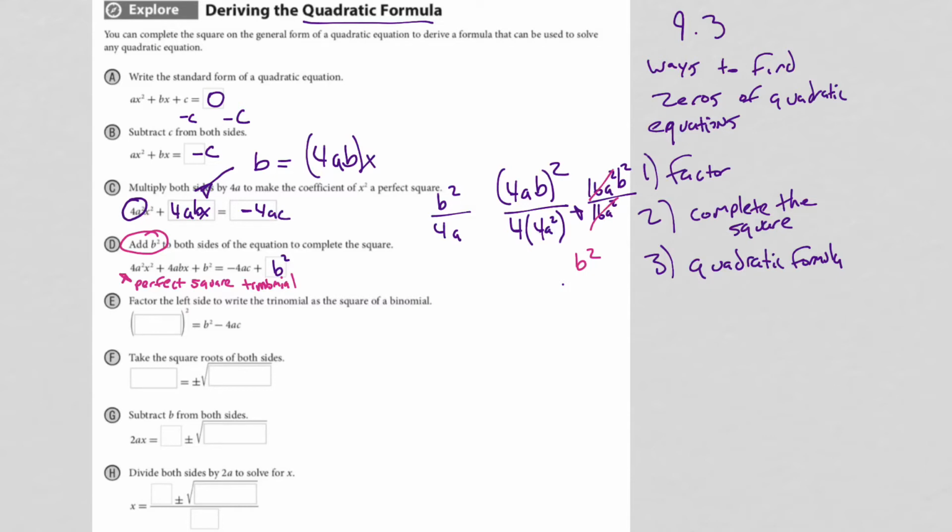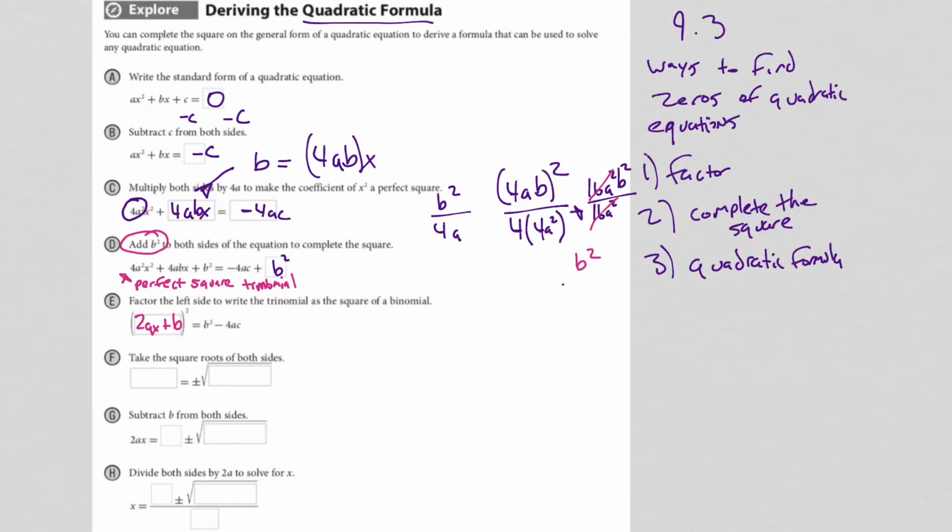And it's going to factor, right? So what's the square root of 4a squared? It's going to factor into 2ax, and then the square root of b squared is going to be b, and then in the middle is a plus.